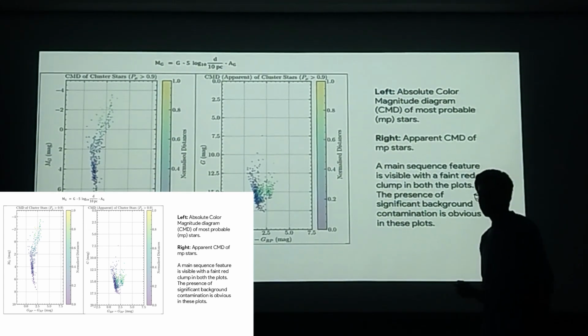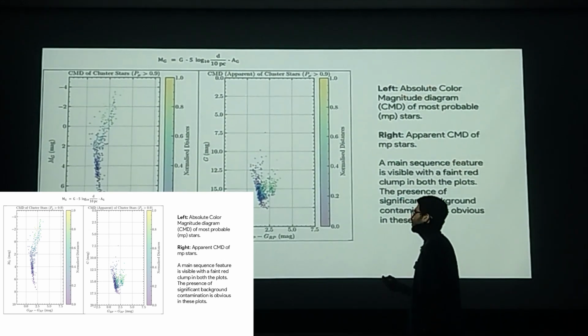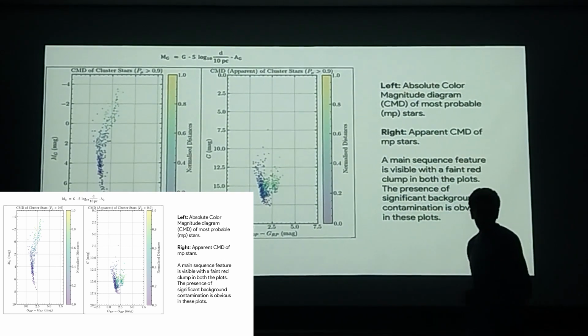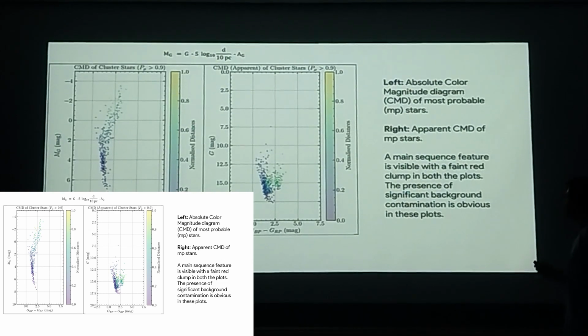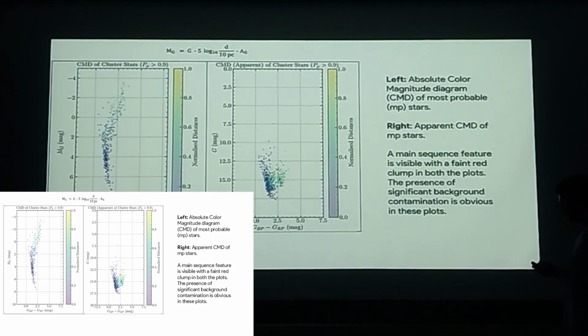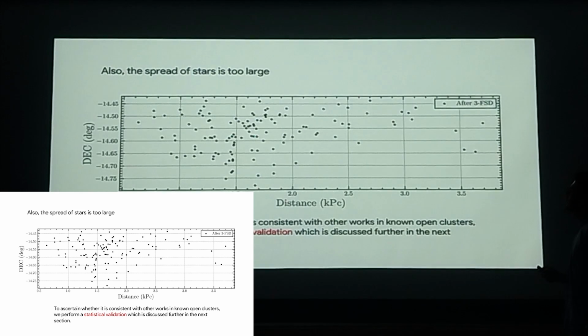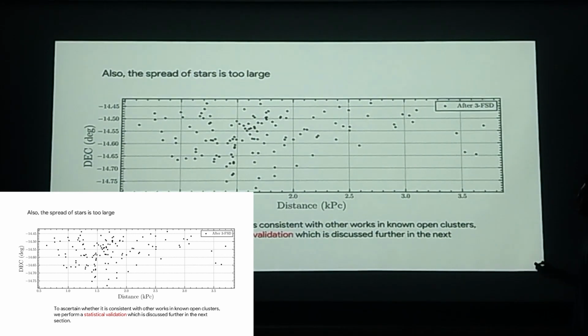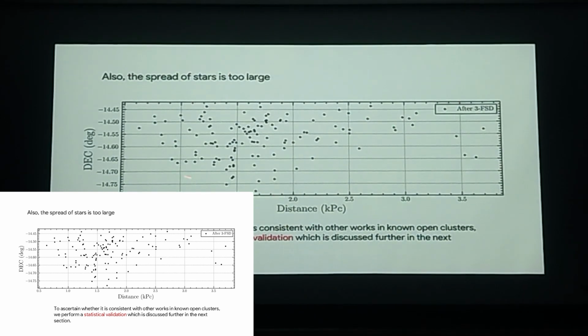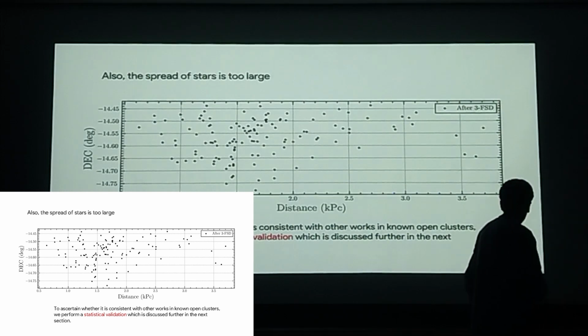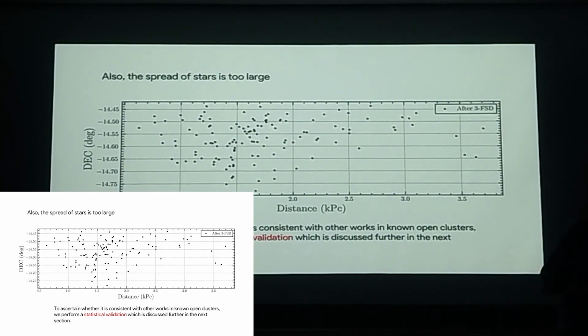Keep in mind these purple points and these green points scattered. We will be using this later. Also notice the spread of the stars is too large. You can see a kiloparsec spread of the cluster, which is literally insane for a physical star cluster.